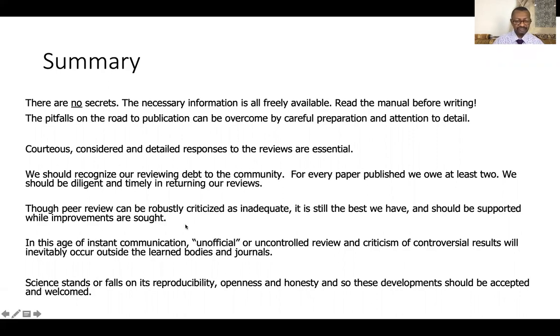Peer review can be robustly characterized as inadequate at the same time, in this age of instant communications or uncontrolled reviews. Also, science stands or falls on its reproducibility, openness, and honesty, and so this development should be accepted as welcome.